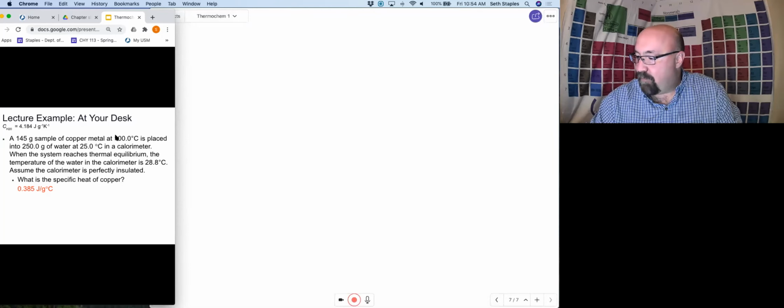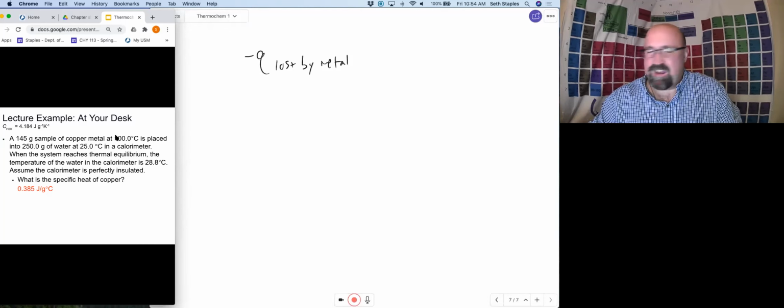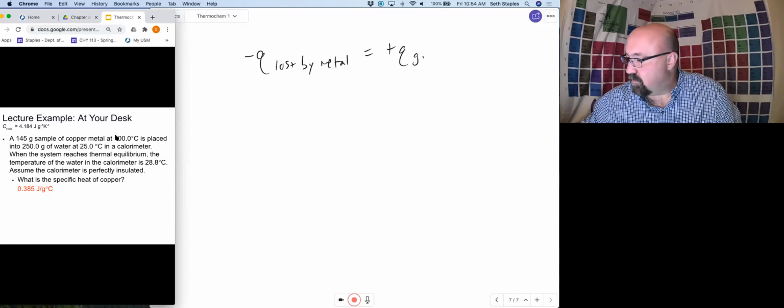So I would probably have our negative heat lost by the metal. And sorry, I didn't really pay as much attention to the negatives there as I should have. But that's going to equal our positive heat gained by the water.